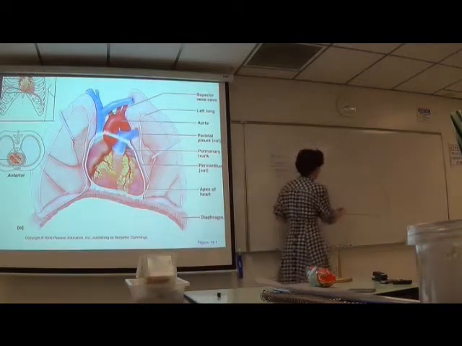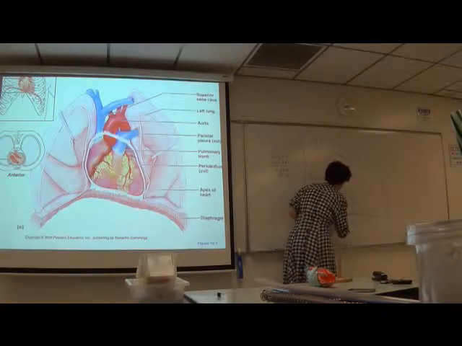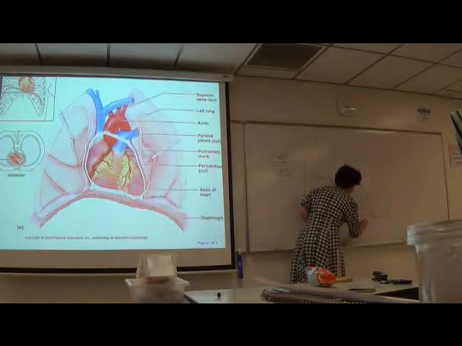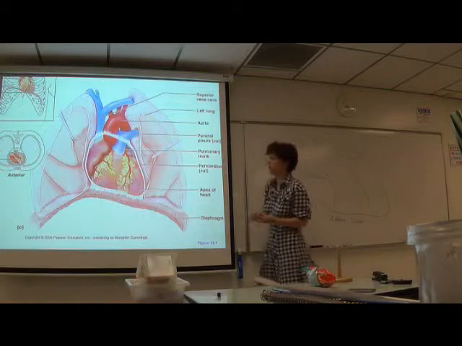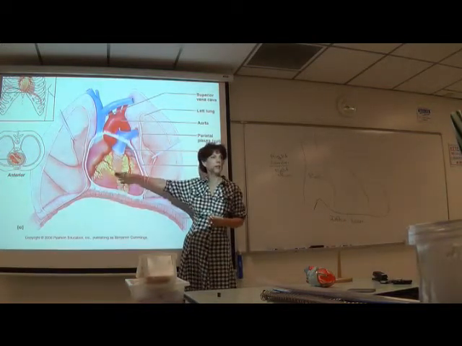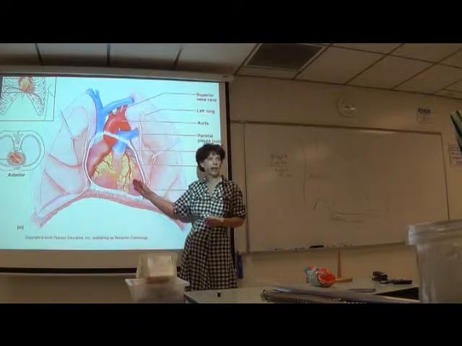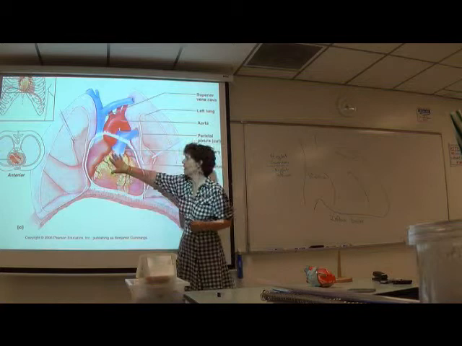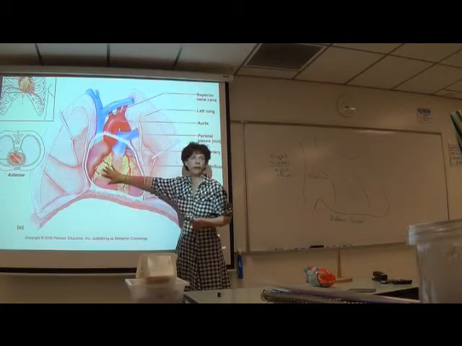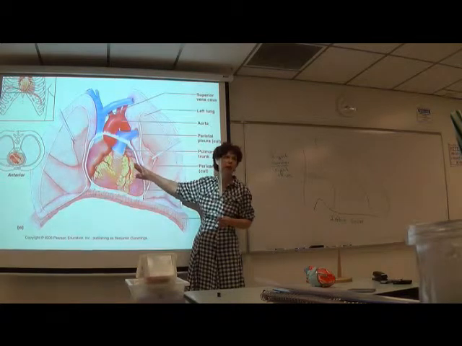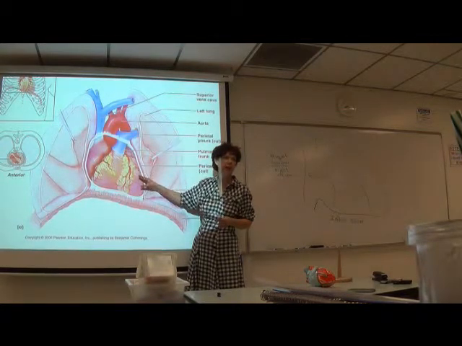Then we have the inferior border. This is what's resting on the diaphragm. And this vessel right here is running in a groove called the interventricular sulcus, meaning between the two ventricles. So all of this right here is the right ventricle. We're seeing about a quarter of the left ventricle.